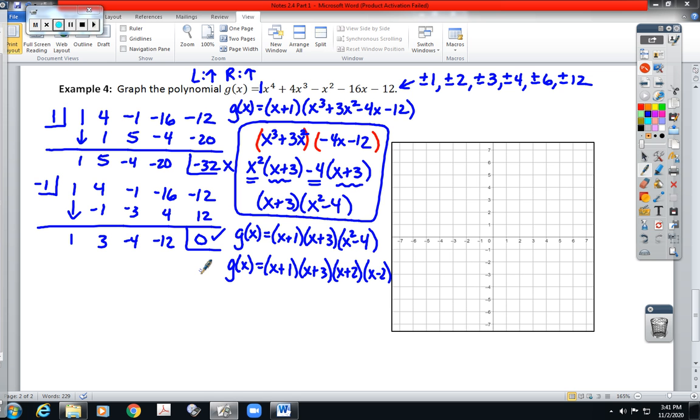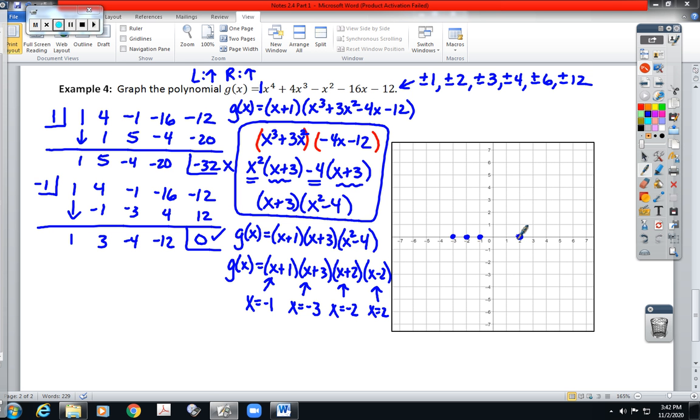All four factors have a multiplicity of 1, meaning we have zeros at 4 points, all of which are multiplicity 1, which means the graph simply crosses at these 4 points. x equals negative 3, x equals negative 2, x equals negative 1, and x equals positive 2.